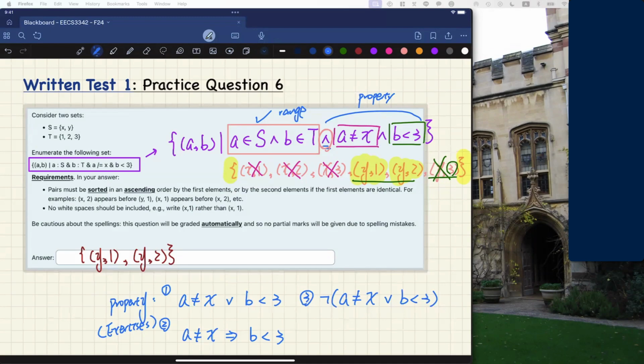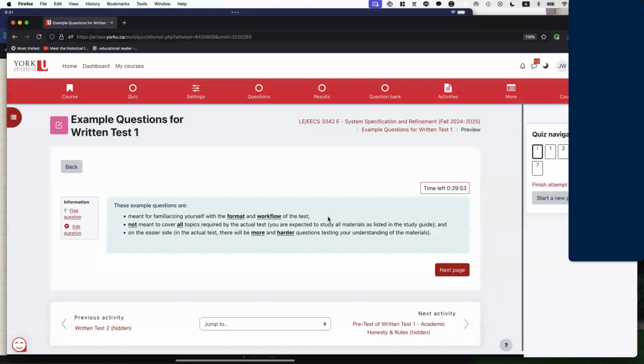Let me show you something here which I think is important, just in case you missed it. When you first tried out the example test, you will see something like this.